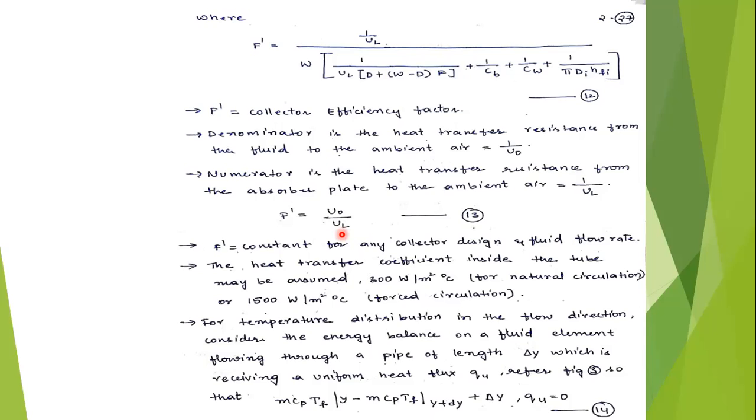With these assumptions you get the equation: m Cp Tf at Y minus m Cp Tf at Y plus delta Y, plus delta Y Qu is equal to 0.